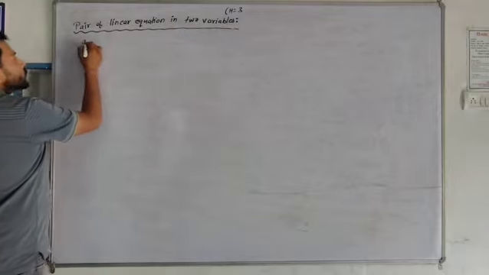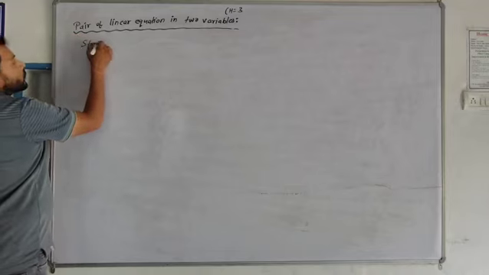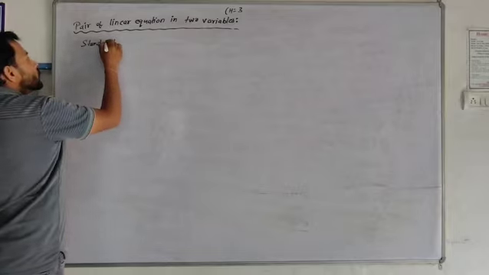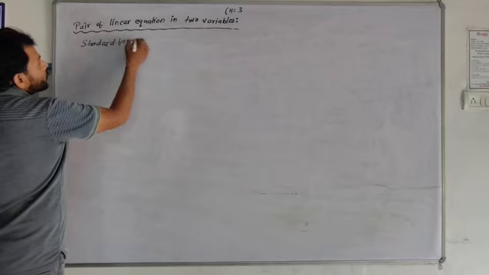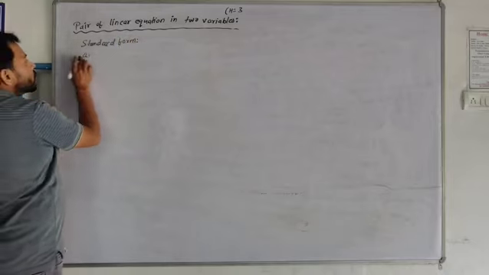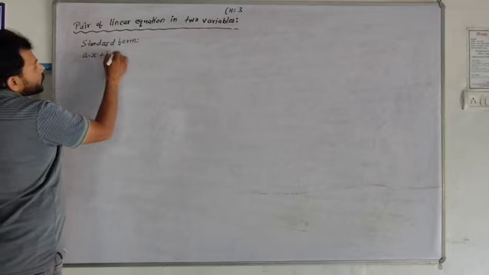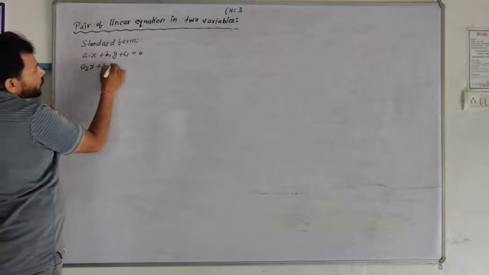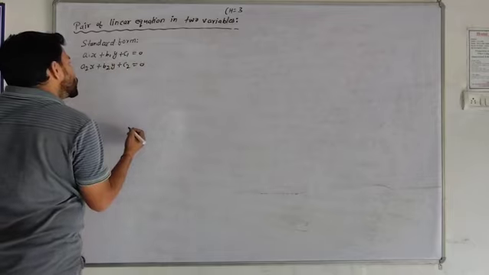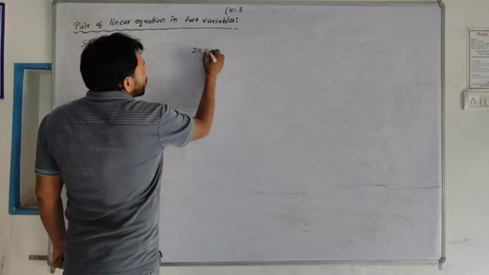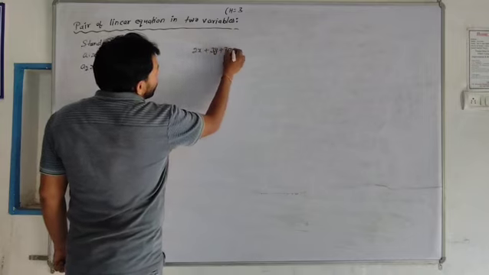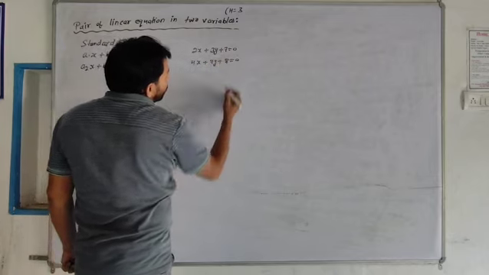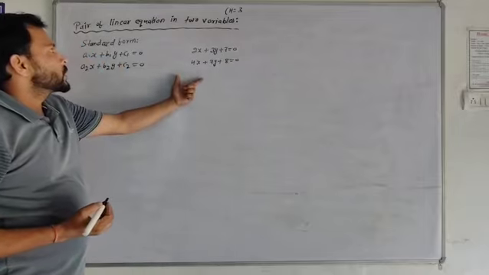Here, standard form: a1x + b1y + c1 = 0, a2x + b2y + c2 = 0. For example, 2x + 3y + 7 = 0, 4x + 7y + 8 = 0. This is a pair of linear equations in two variables.